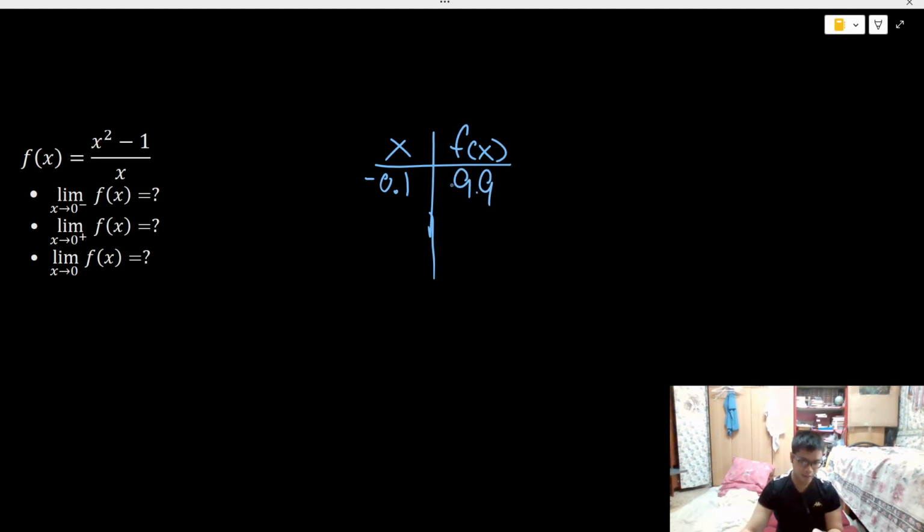Now, let's make it even closer to 0. Let's say I will substitute negative 0.01. The answer here is 99.99. Alright, let's make it even closer. Let's try negative 0.0001.